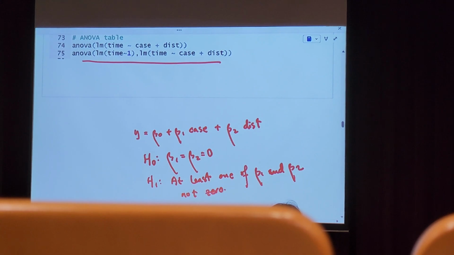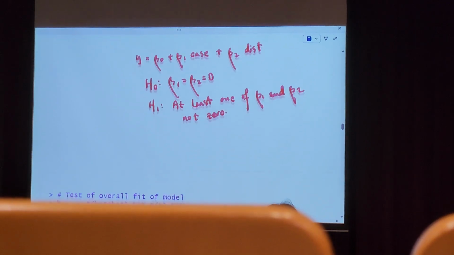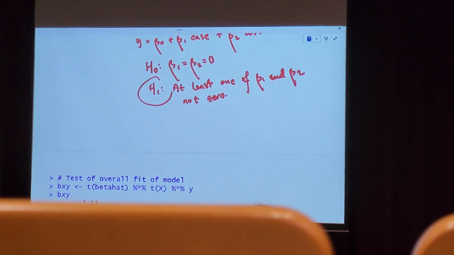So that's the alternative. When your p-value is small, you reject the null hypothesis and you say that, well, we now know that not every coefficient is 0. So the test of the overall model tells us that at least one of them is not 0. Which one? We don't know.